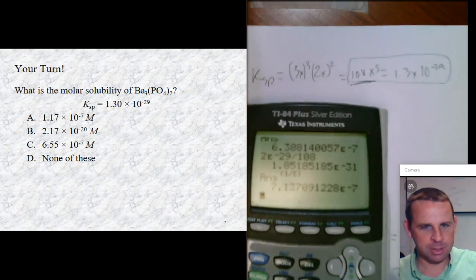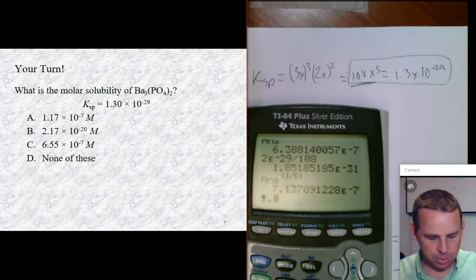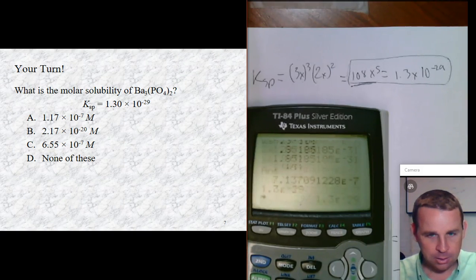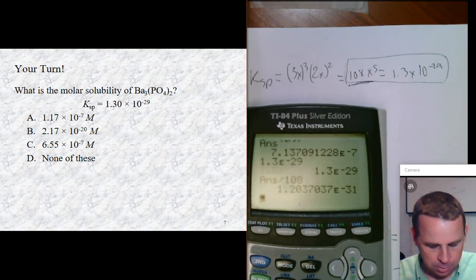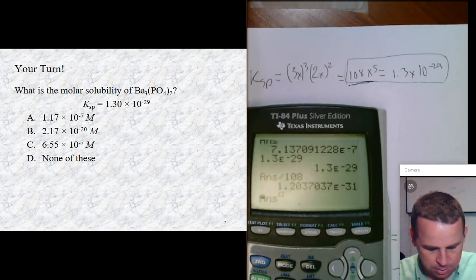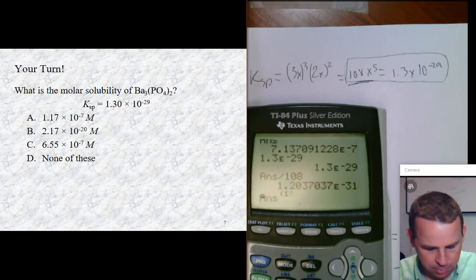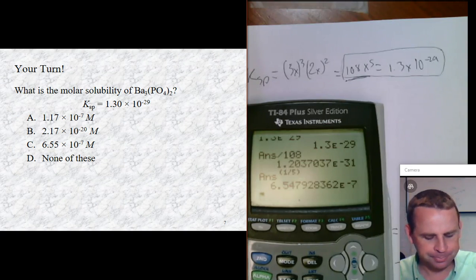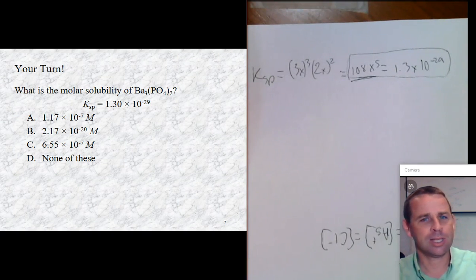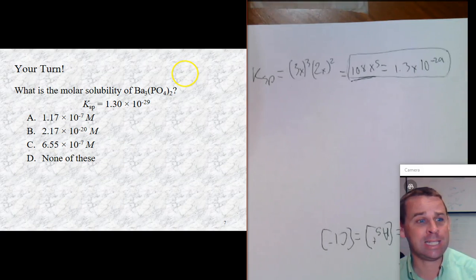Let me see if I'm going to get the right answer here. 1.3 times 10 to the minus 29 divided by 108. Raise it to the 1/5 power, or in other words, take the 5th root: 6.5 times 10 to the minus 7. So it looks like the answer should be C. All right, good.